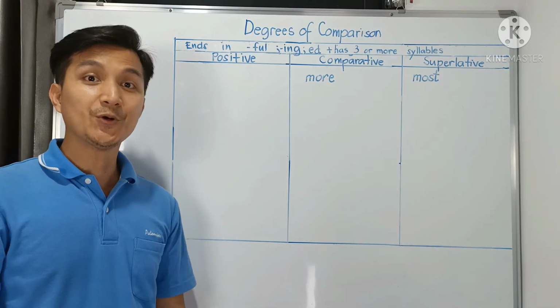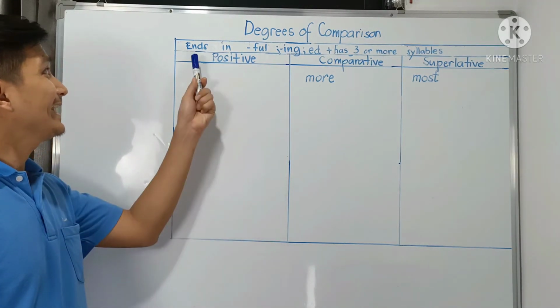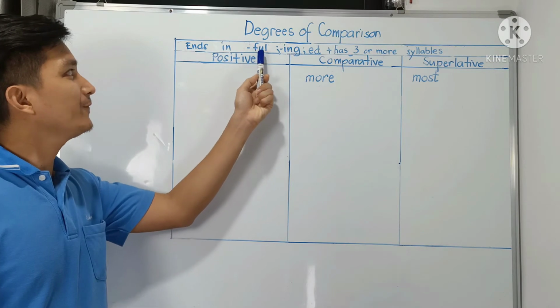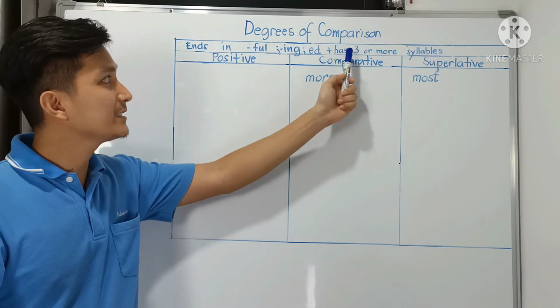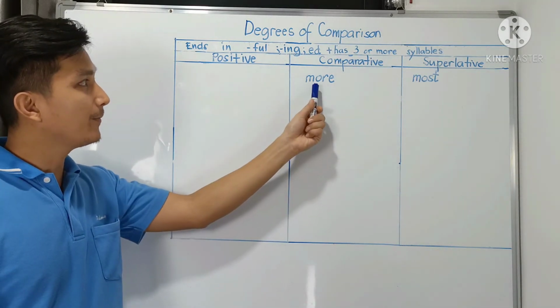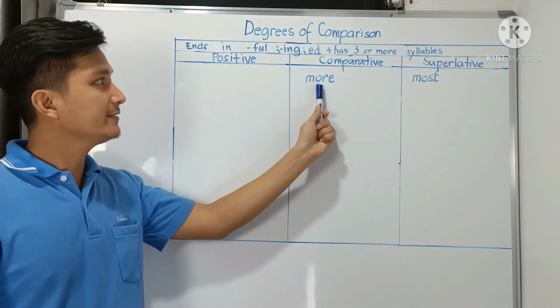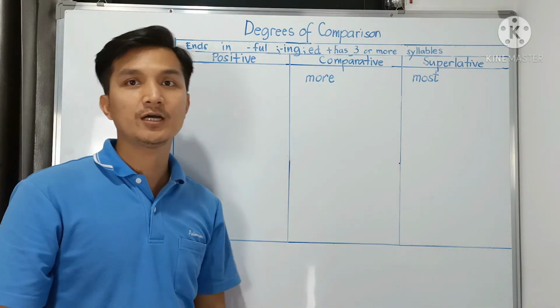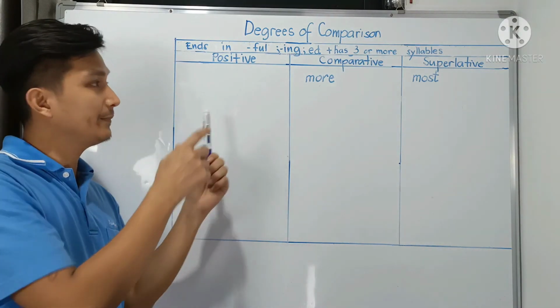Okay? Rule number 5. For a positive or adjective that ends in FUL, ING, ED, plus has 3 or more syllables, we're going to add more and most. More for comparative and most for superlative. So let's take a look at some examples, alright?